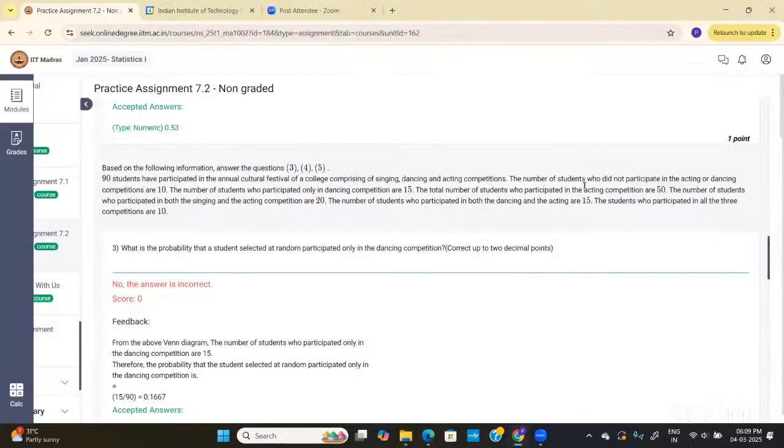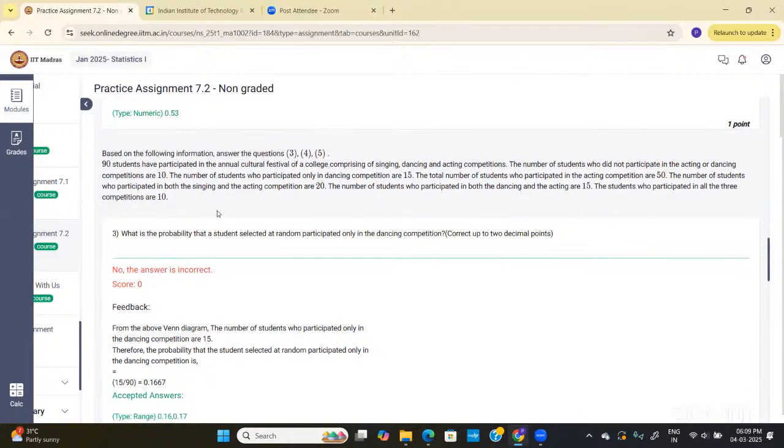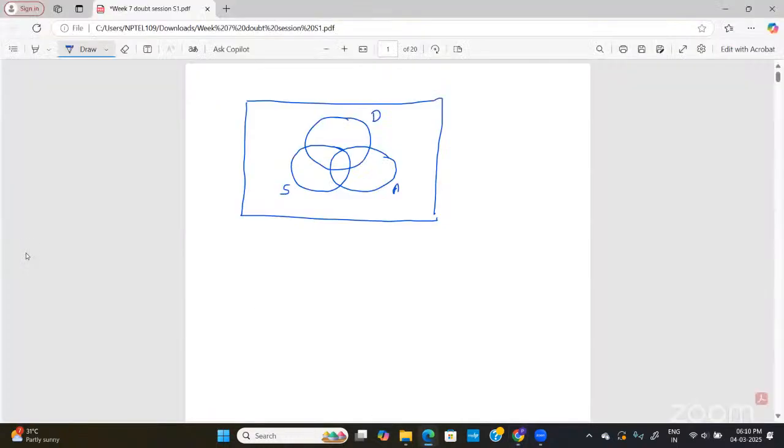The first line: the number of students who did not participate in acting or dancing competitions is 10. So those not participating in acting or dancing are 10, which means this part, the A complement union D complement region. They are not participating in dancing and acting.